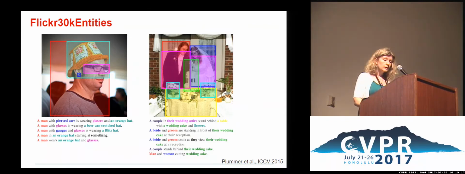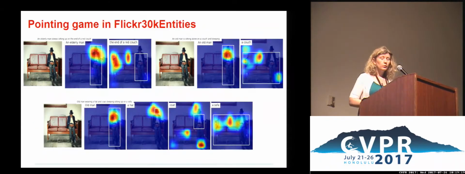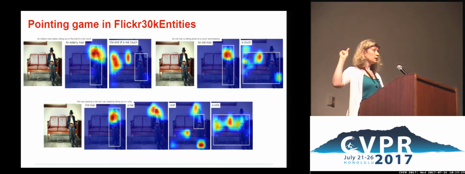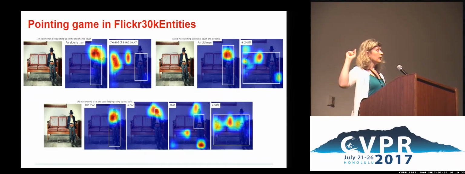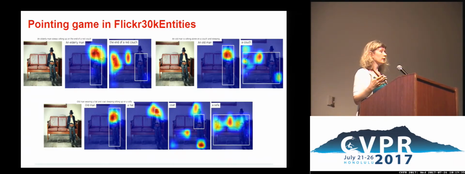We use this data set to play a pointing game and evaluate our model in terms of pointing accuracy. Pointing is defined as: if we take the most salient point in the image, did it land inside the bounding box for that phrase or word?